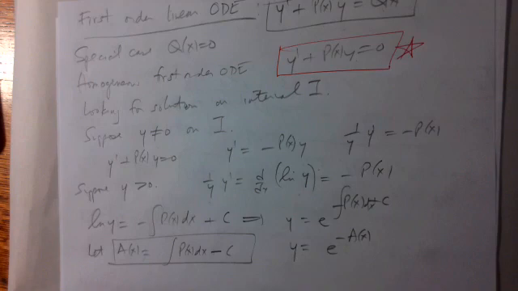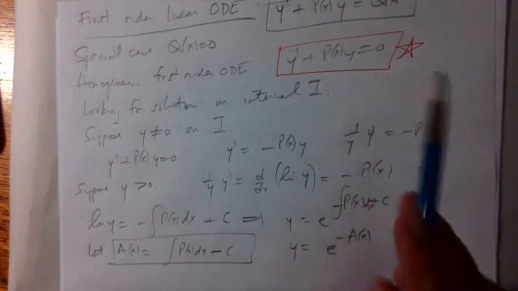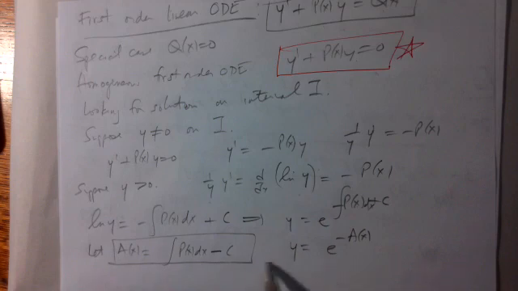So every positive solution of my differential equation is of this form for some number c.